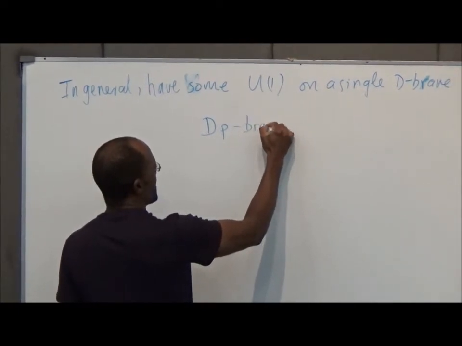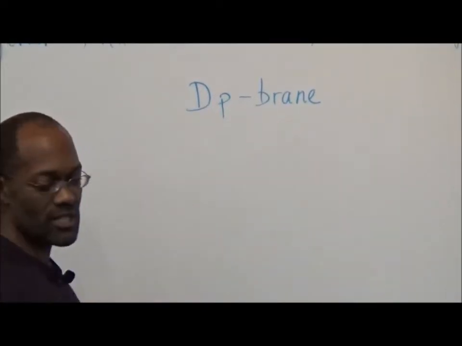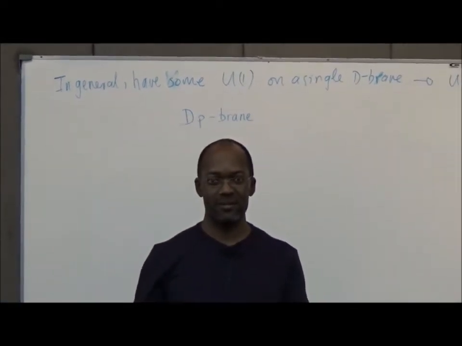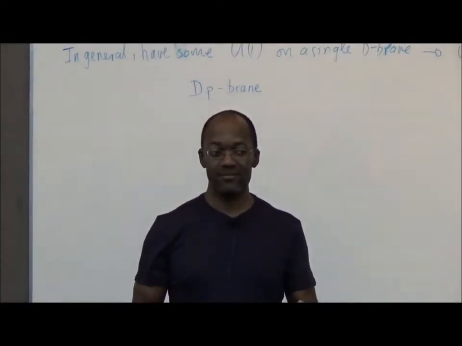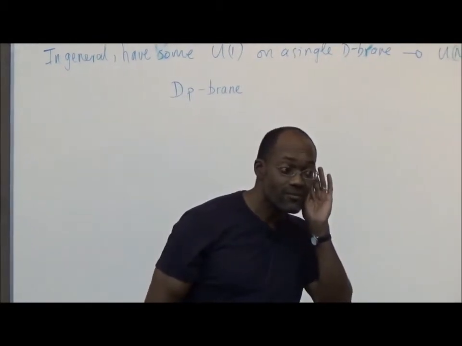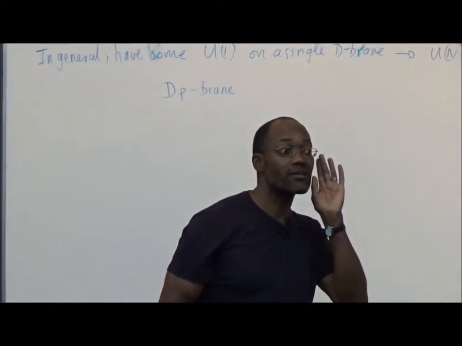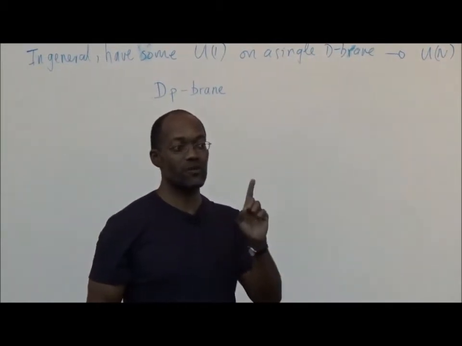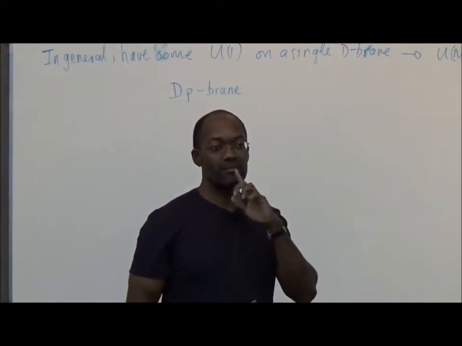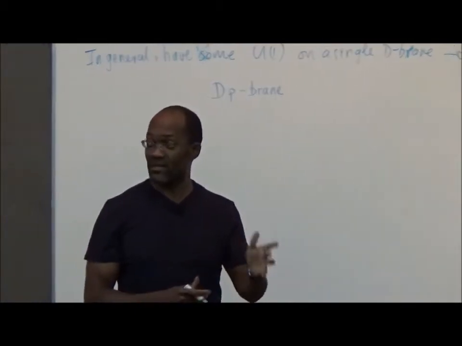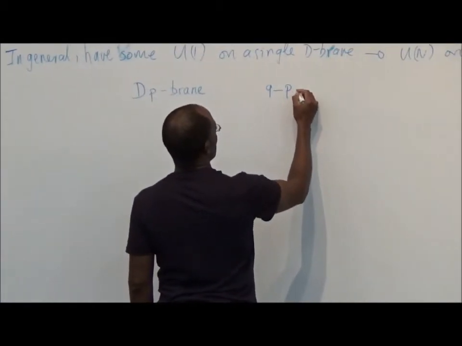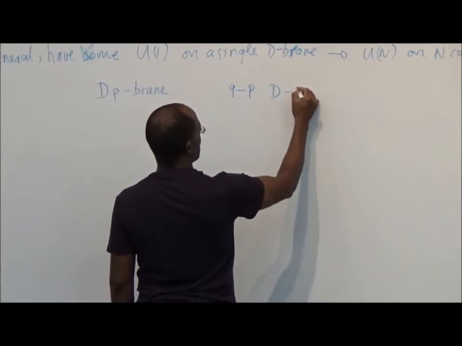So I'm in 10 dimensions, so how many Dirichlet conditions do I need to specify a Dp-brane? Are you including the fact one of those is time? 9 minus p. 9 minus p, right? So I have 9 minus p Dirichlet directions.